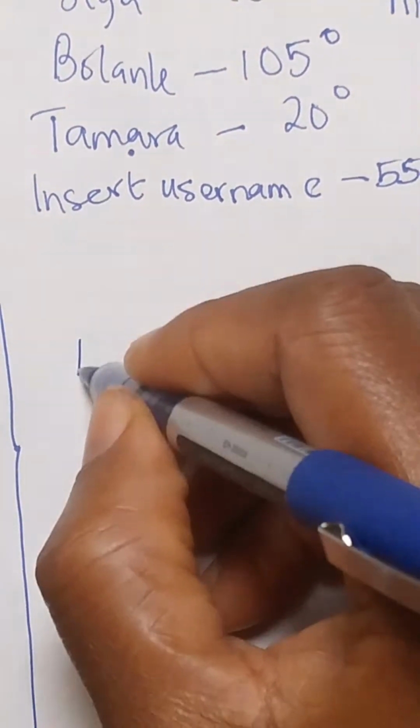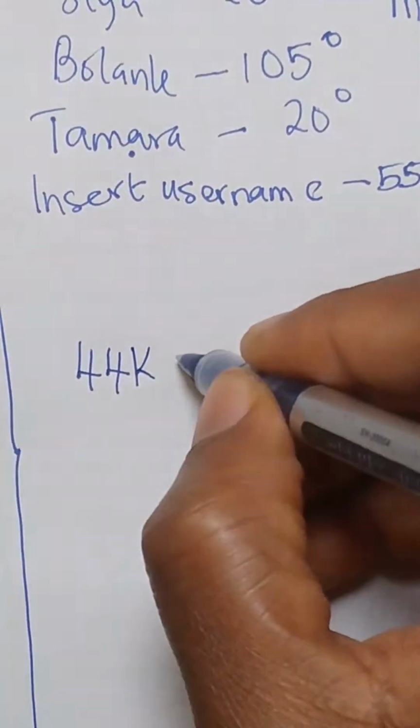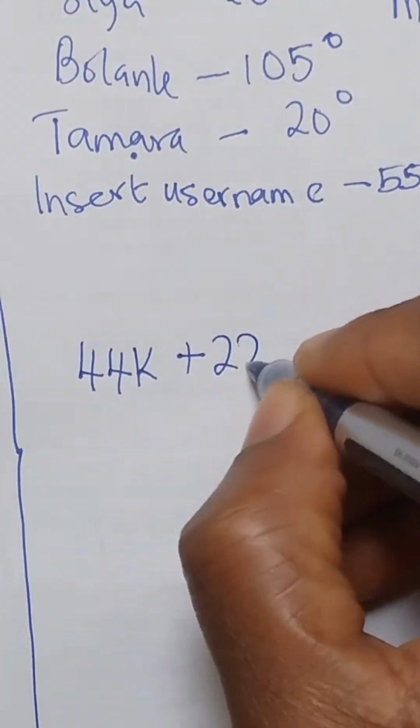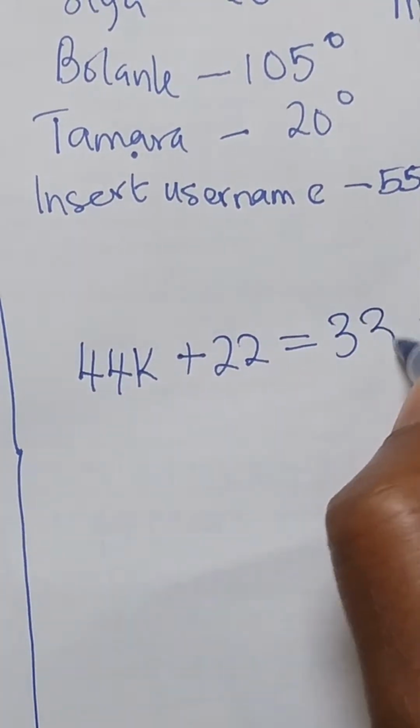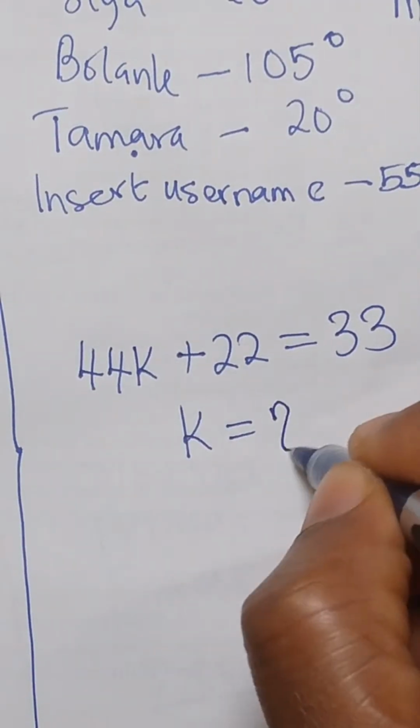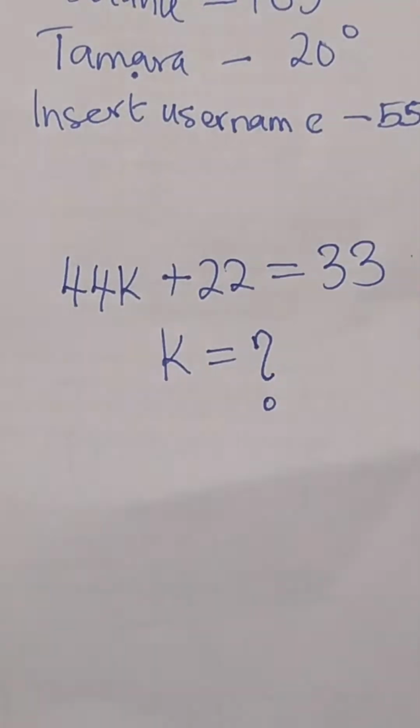Now solve this. We have 4k plus 22 is equal to 33. K is equal to what? Drop your answers, please.